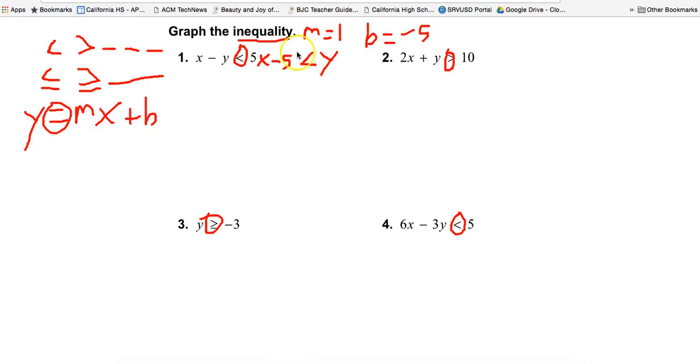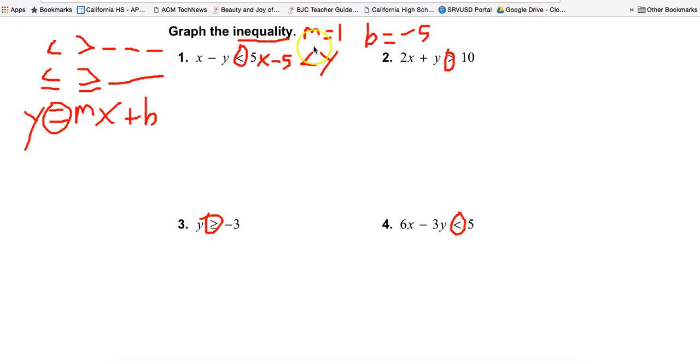The second part is we look at this equation right here. So y is greater than x minus 5. Greater than means we're going to look at all the regions above our line. When you're looking at the shaded region, whether it's going to be above or below the line, you're looking at that from y's perspective.